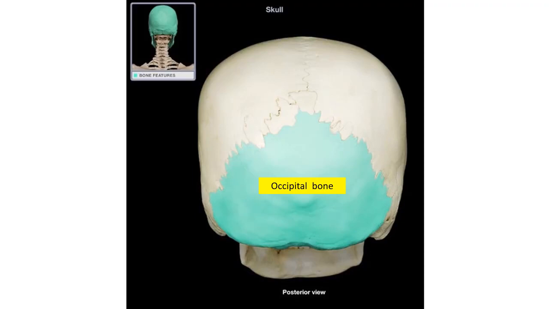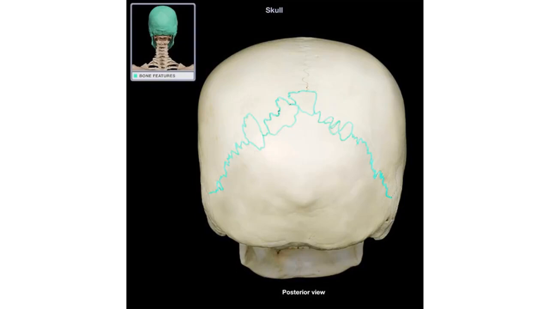This occipital bone is the largest bone of the cranium, and the suture between the two parietals and the occipital represents the letter lambda in Latin. Therefore, the suture between two parietals and one occipital is called the lambdoid suture.